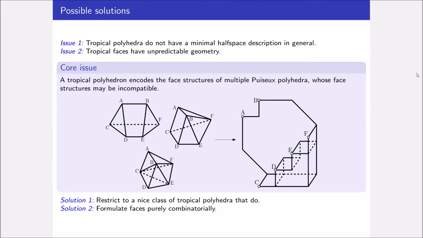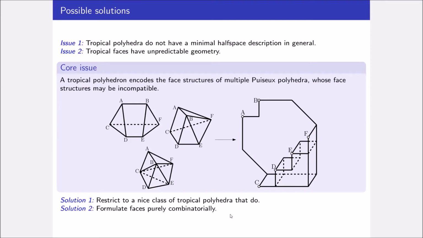Okay, in the last 5 minutes, the two issues I highlighted were that you don't have a minimal half-space description in general, and that these faces have unpredictable geometry. I won't get a chance to talk about formulating these faces purely combinatorially, but I will upload my slides, and anyone who would like to see them can do so, and maybe we can discuss this afternoon.